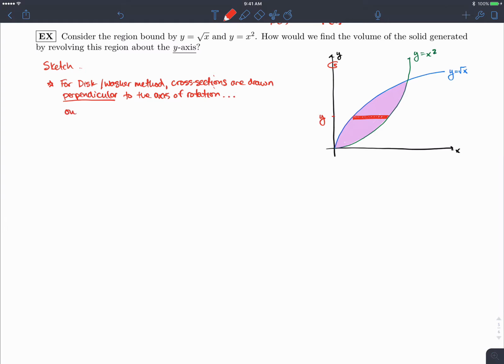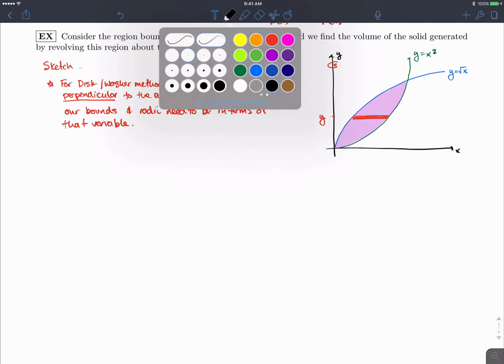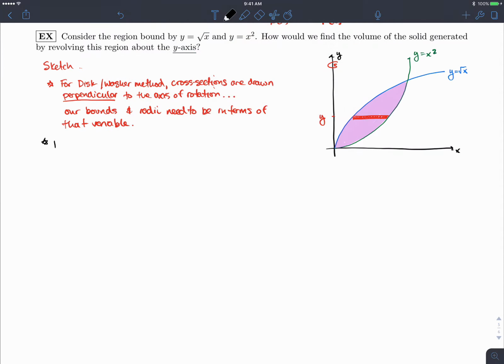So our bounds and radii need to be in terms of that variable. In this case, it's going to be y. So one thing that we can note here is we are going to want to put everything in terms of y in this case.